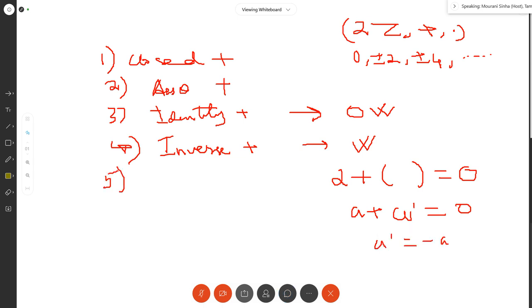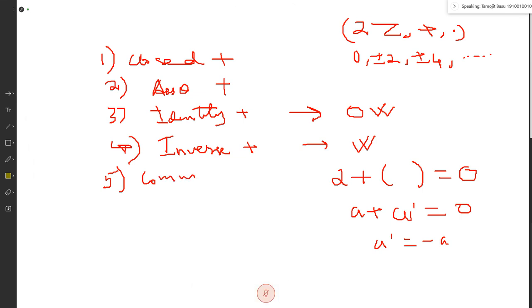Fifth is commutative. a plus b and b plus a are always the same. If I'm adding two even numbers, say 2 and 4, and I change the order, 4 plus 2, nothing changes.